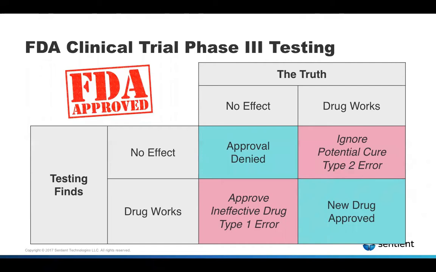It could work. It's saving people. It saved my brother, or it saved someone in a particular test, and how come we can't roll it out? And what the FDA says is we want to be absolutely positively sure that the variant, the drug, is better than the control, not just as good as, but better than.